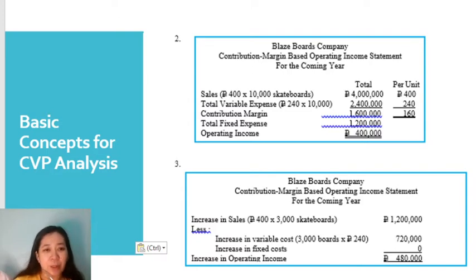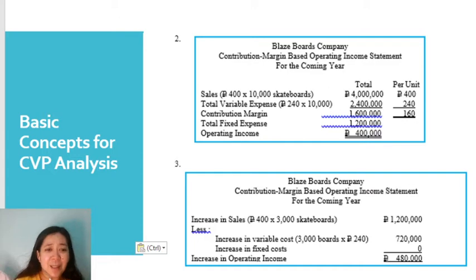So what have you noticed with our format? Under the contribution margin based operating income statement, you can see that the costs or expenses were separated or categorized into variable and fixed expense.